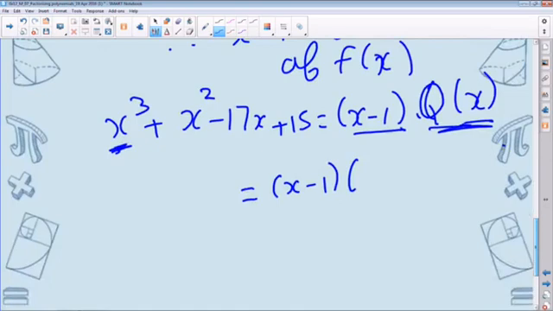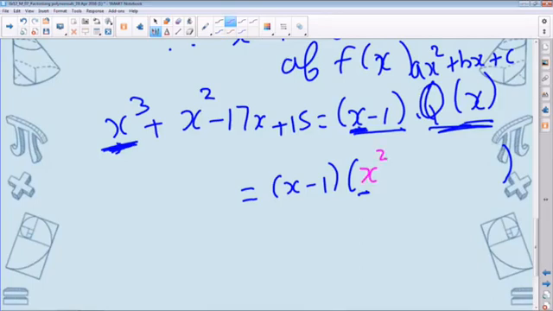We know it's quadratic, so it's going to be some ax squared plus bx plus c. For the coefficient of the first term, all you do is you take your cubic function and divide by the x, your divisor. So you divide x cubed by x, that gives you your first term in your bracket, which is x squared.